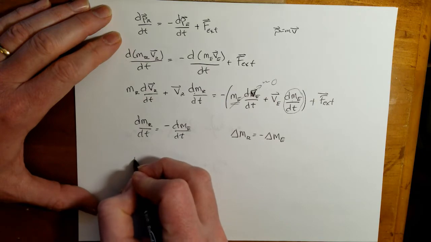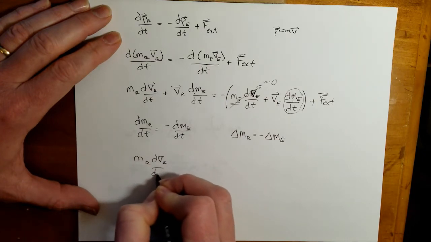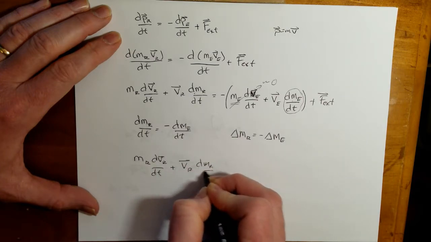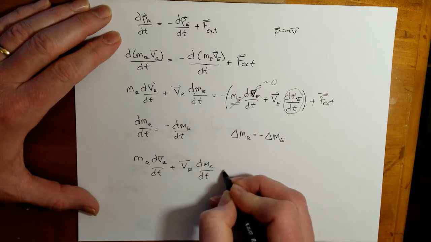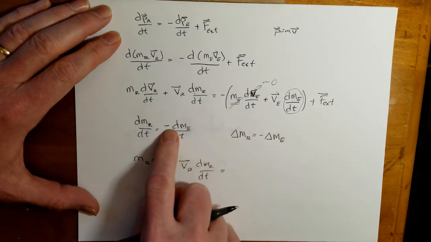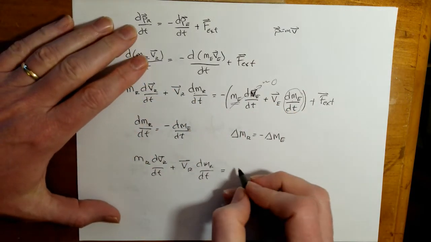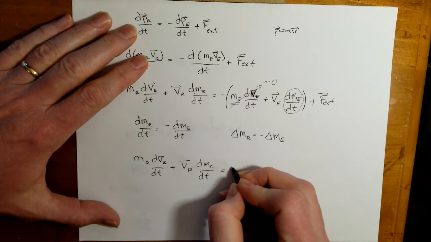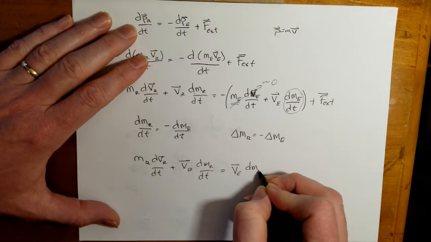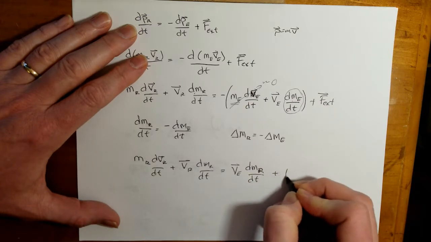And so my equation now becomes mass of rocket times dv rocket dt plus velocity of rocket times d mass of rocket dt is equal to, well, I got the negative there and then the negative coming from here. So, or distribute it, and in essence, I have velocity of exhaust times the mass of the rocket with respect to time, plus this external force.